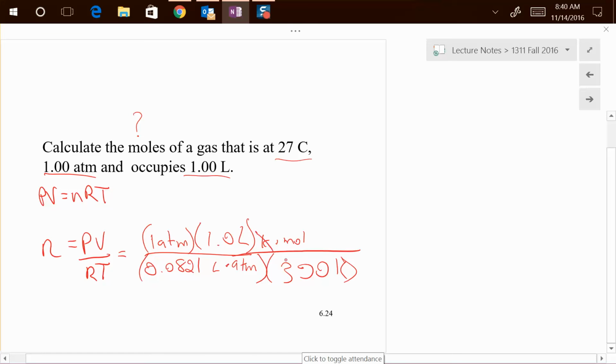Kelvin temperatures cancel. Liters cancel. Atmospheres cancel. I'm left with mole units. So that's what I want, right? Everything is set up correctly to solve for moles. So 1 times 1 divided by 0.0821 divided by 300. That's going to tell me the moles of the gas in the system. So that's how I'm going to solve using the ideal gas law.